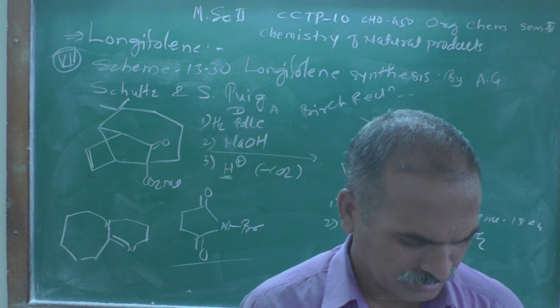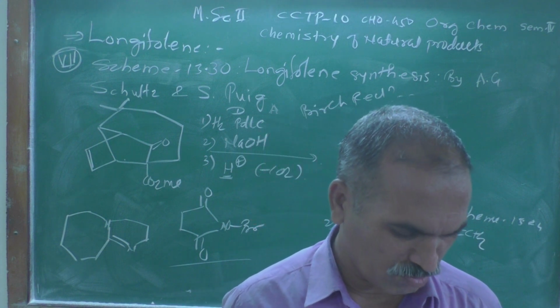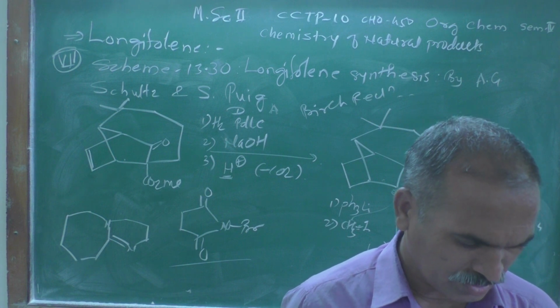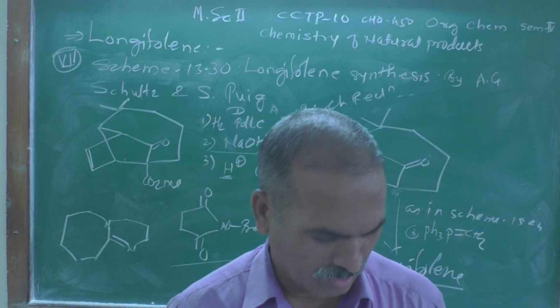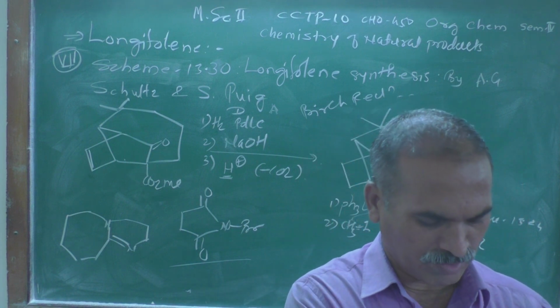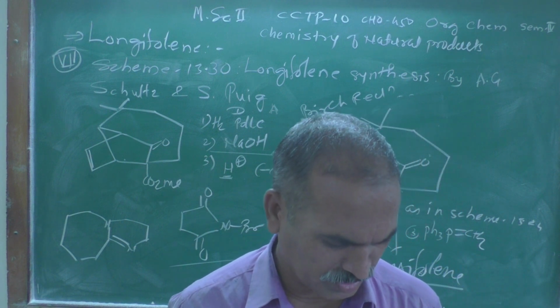An enantiospecific synthesis of Longifolene was done, starting with camphor, a natural product available in enantiomerically pure form, that is represented in scheme number 13.31.